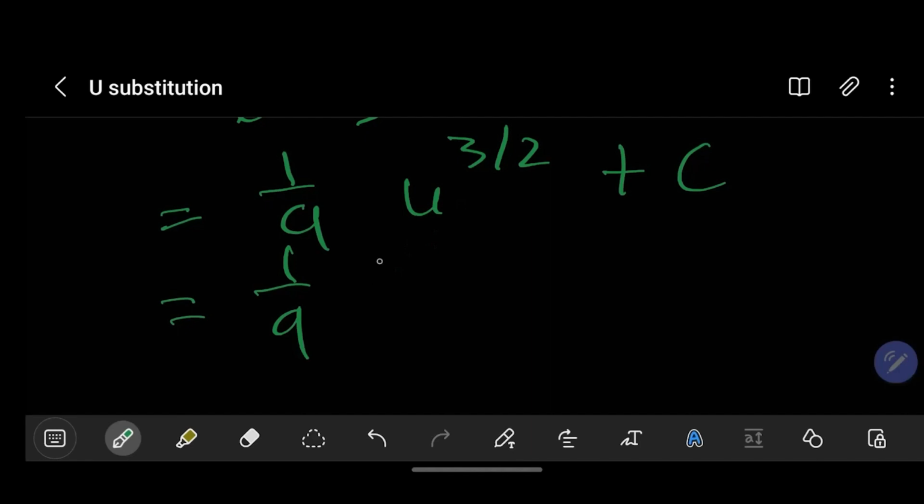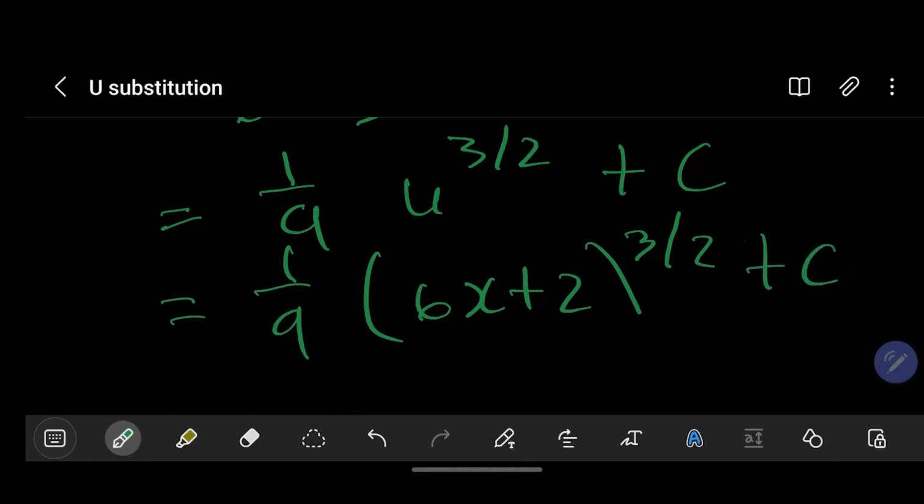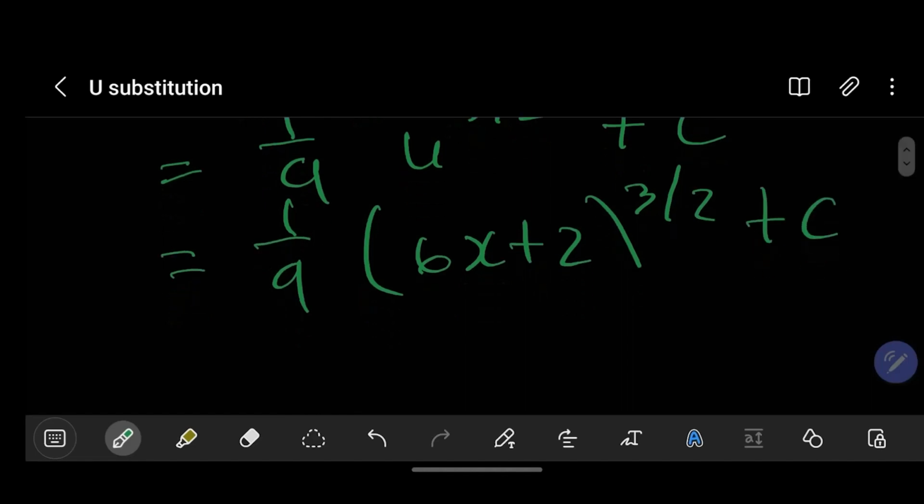So we made u 6x plus 2, to the 3 by 2 plus c. You can take this a step further and rewrite this as the square root of 6x plus 2 all cubed, but I won't do that here. But if you want to, you can, because you could get a bonus mark for that type of simplification. Okay, so let's go ahead and look at another example.